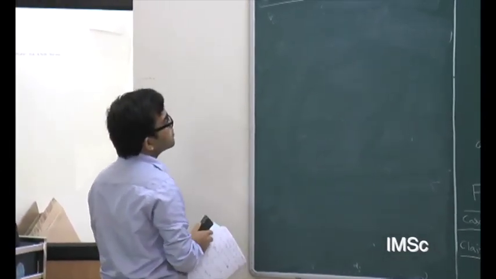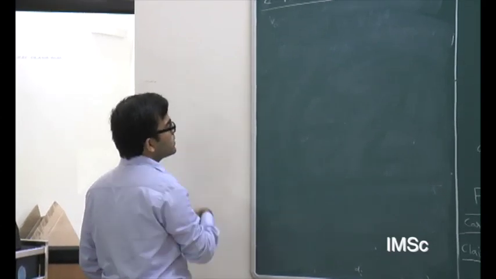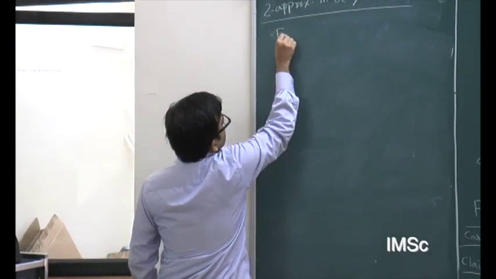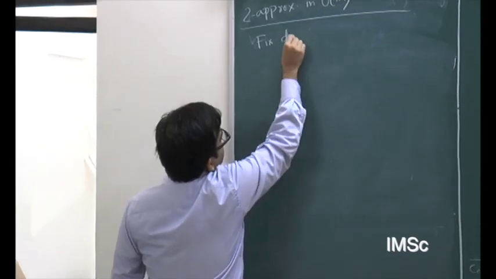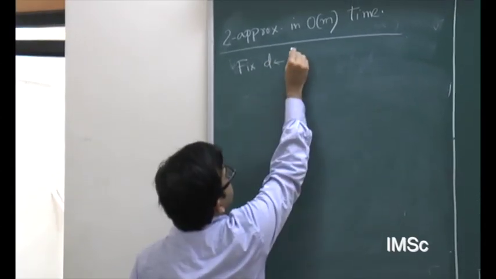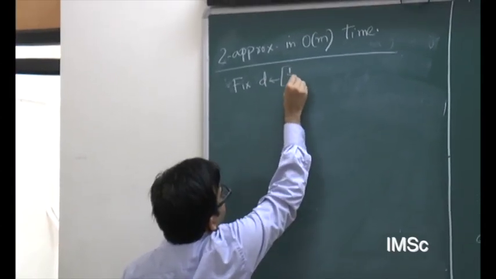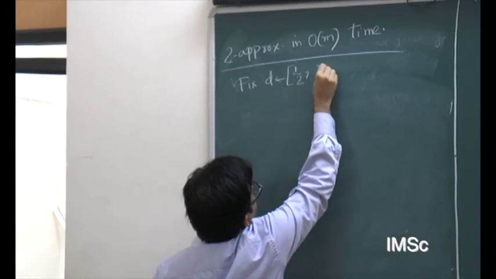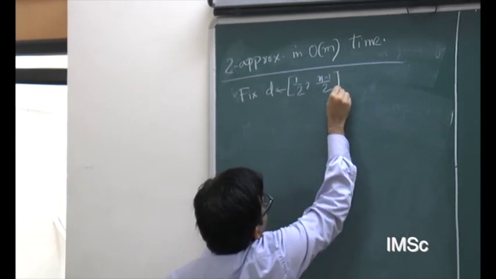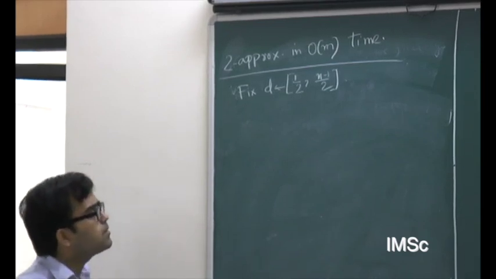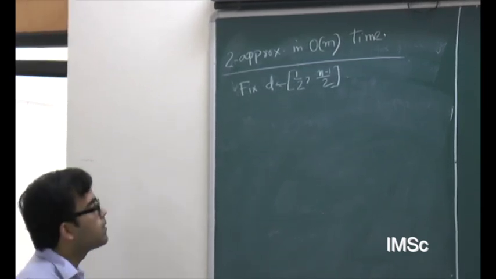Before that, let us consider this. You just fix some number d from half to n minus 1 over 2. What is so special about this half and n minus 1 over 2?